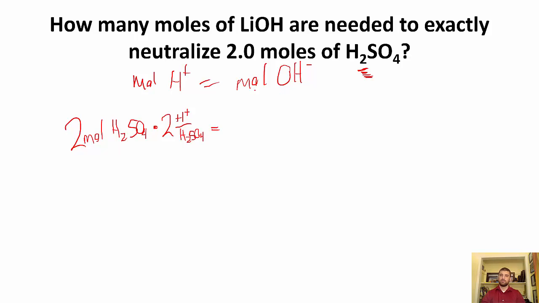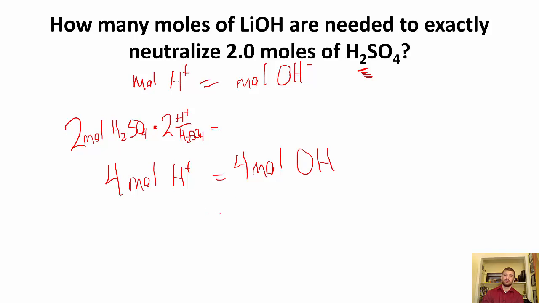Well, that's going to have to equal the moles of OH minus. All right, well, if we have that 2 times 2, that gives me 4 moles of H plus, has to equal 4 moles of OH minus. All right, well, how do we get 4 moles of OH minus? Well, we have a certain amount of LiOH times 1 OH minus for every LiOH.